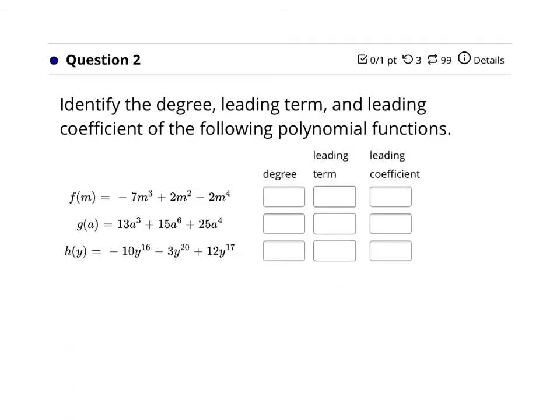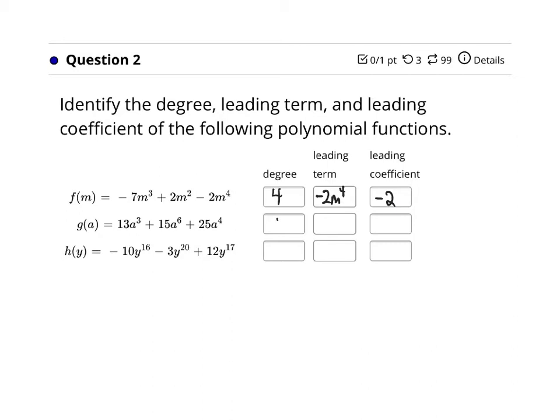If you did the previous homework, this is just a repeat, the same thing. We're going to find the degree. The degree is the highest exponent in that expression, and we have on the first one 3, 2, and 4, so the degree is 4. That's the biggest number. The leading term is that term that has that exponent of 4, and we write all of it, and the leading coefficient is negative 2. So next row, we have a cubed, a to the 6th, a to the 4th.